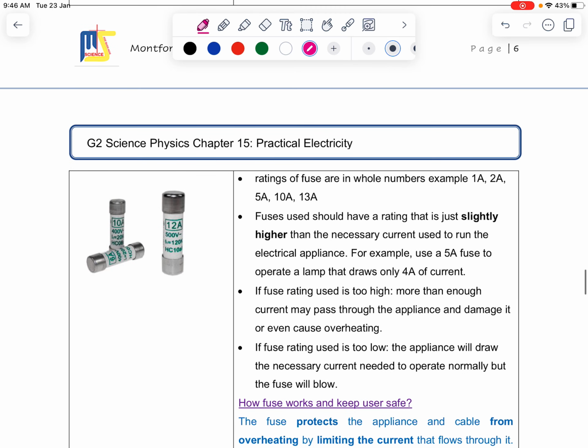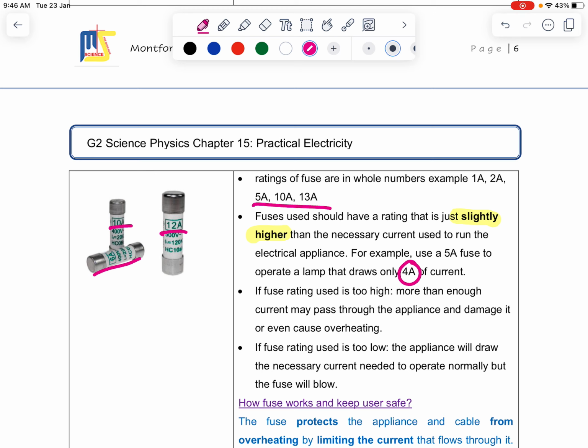Fuses have different ratings, as you can see here: 6 ampere, 10 ampere, 12 ampere. Depending on your use of the appliances, you will use the appropriate fuse. But take note that the fuse rating has to be slightly higher than the current. If a lamp requires 4 ampere, you cannot just use a 4 ampere fuse, because at 4 ampere it is still functioning.